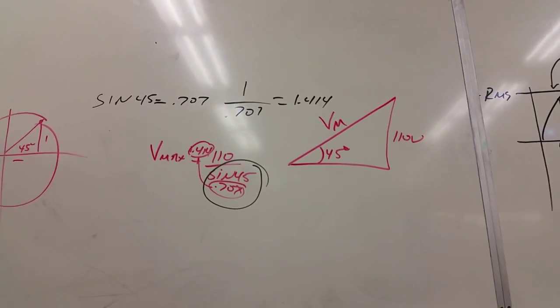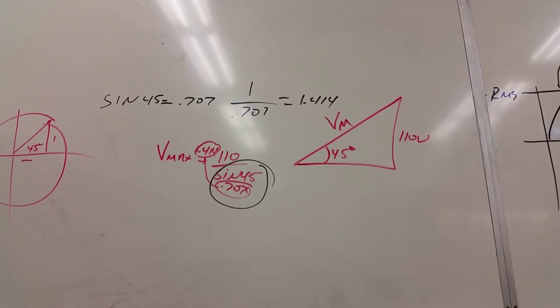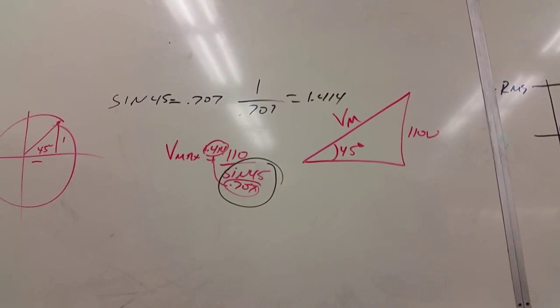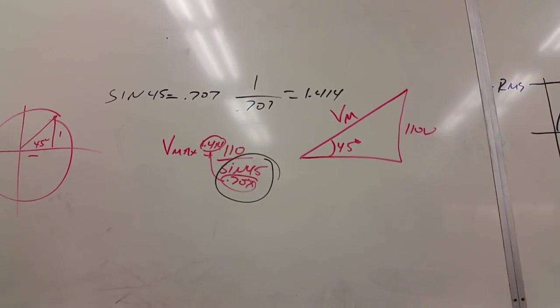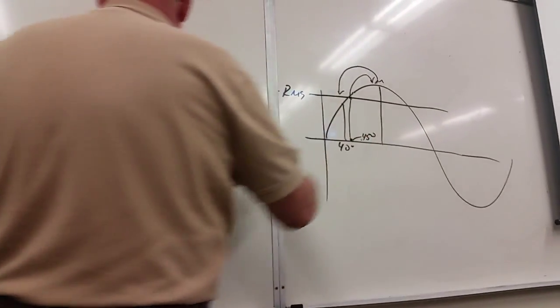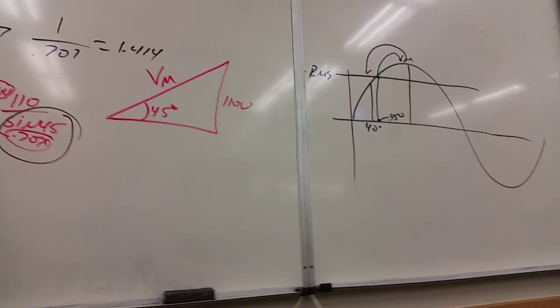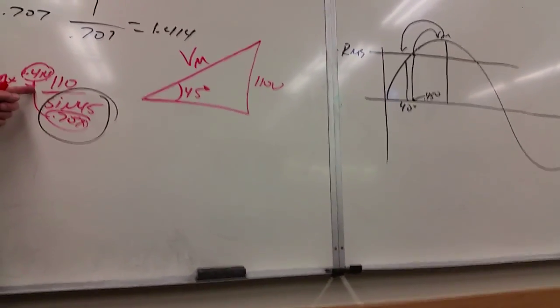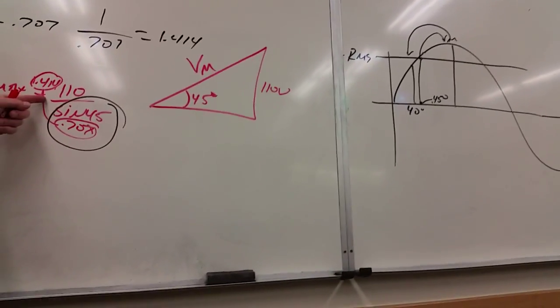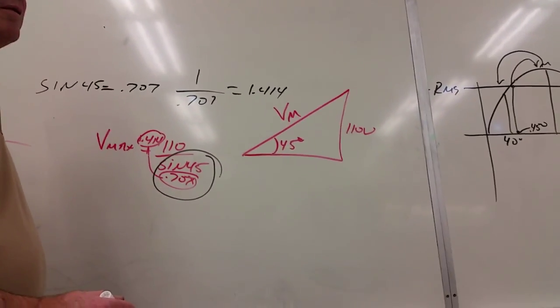It's a ratio of the sides of the hypotenuse. So sine, cosine, tangent are just ratios of the sides. Okay? All right, so if we do that, what do we get here for the peak? 155.